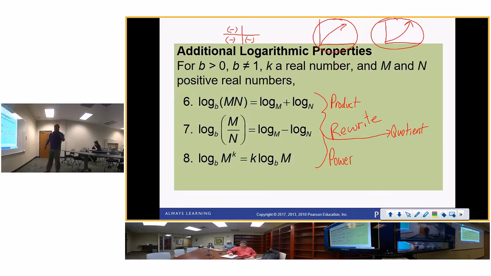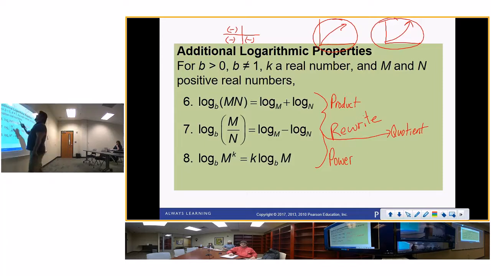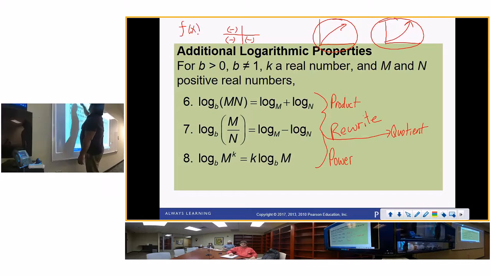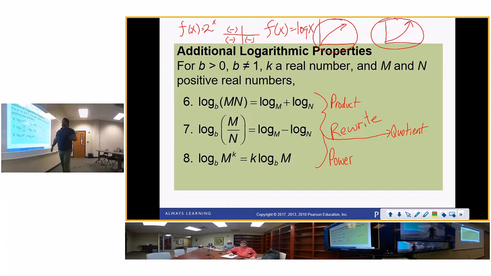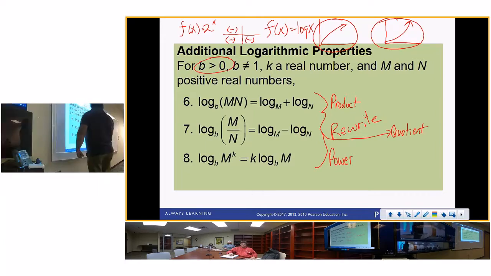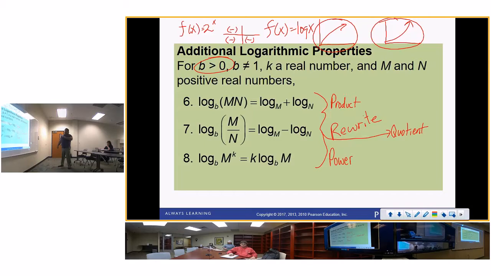And that's why most marketing, most economics, most business, most anything having to do with business management is always in the first quadrant, because hopefully, if you know what you're doing, you're going to stay in the first quadrant. And that's why the logarithms and the exponentials, f of x is equal to 2 to the x, and f of x is equal to the log of x, or the natural log of x, are going to stay in the first quadrant, because you can't take the what? You can't take the log of a what? A negative number.